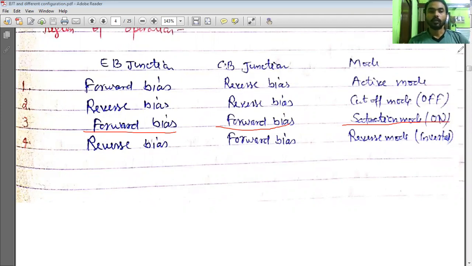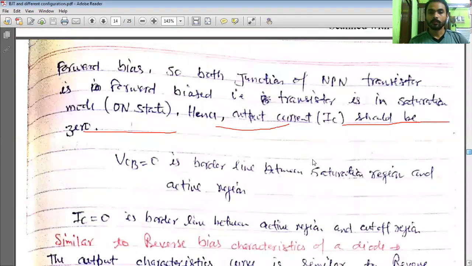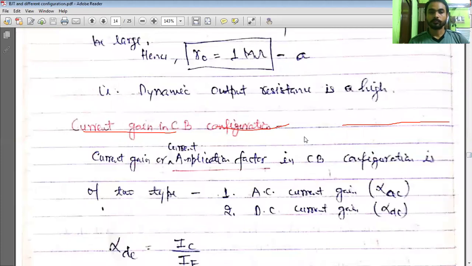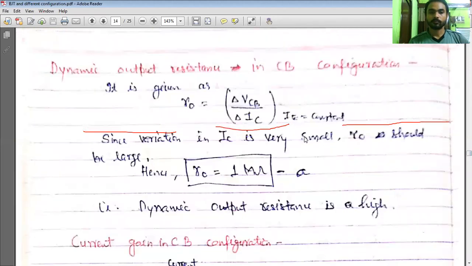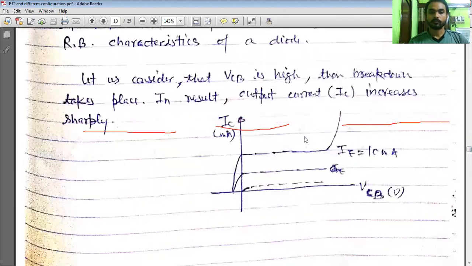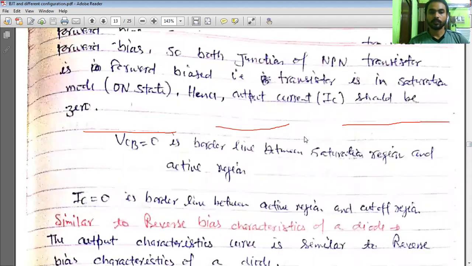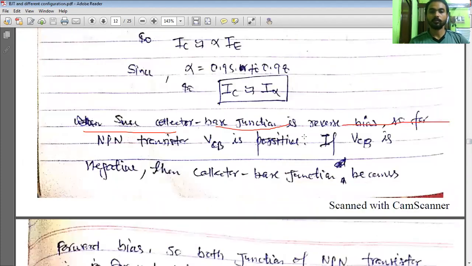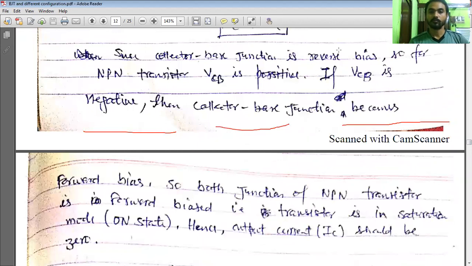So we'll go to our earlier slide where we were. Now this is our slide.